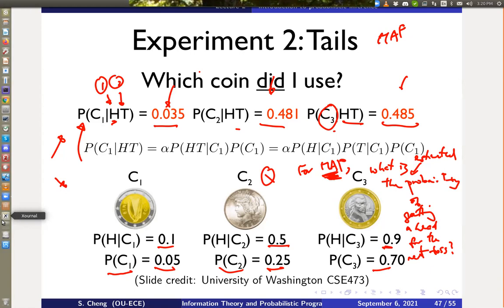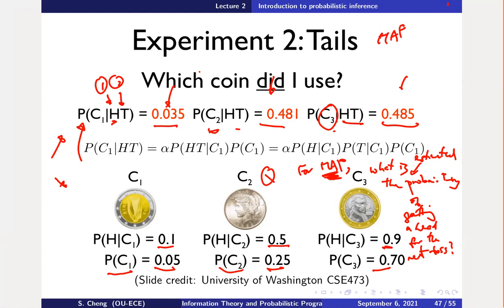Now for Bayesian, the difference is that MAP is doing something indirect. We first estimate the probability of the coin, and then we compute the estimated probability. For Bayesian, what we simply do is answer this question directly.